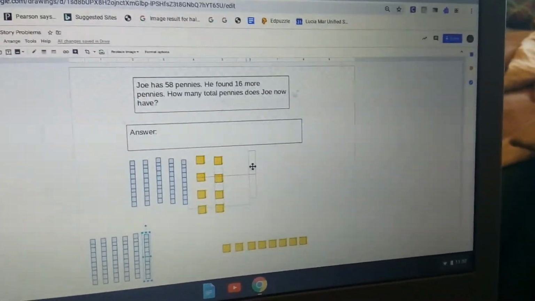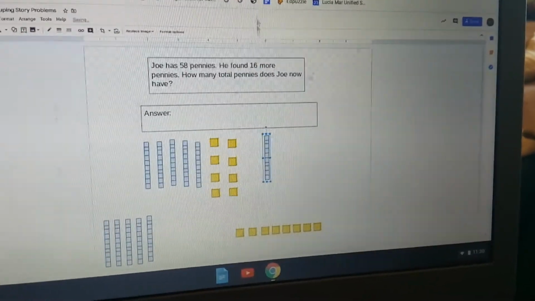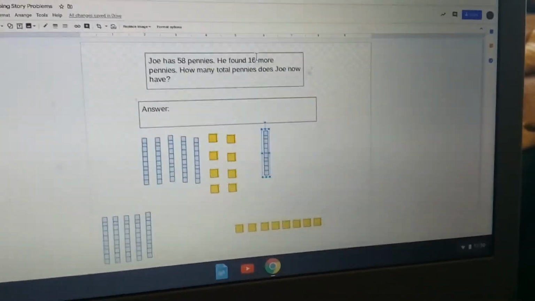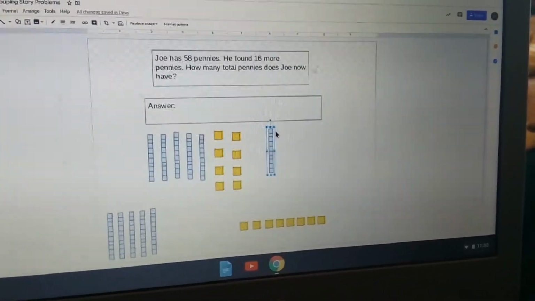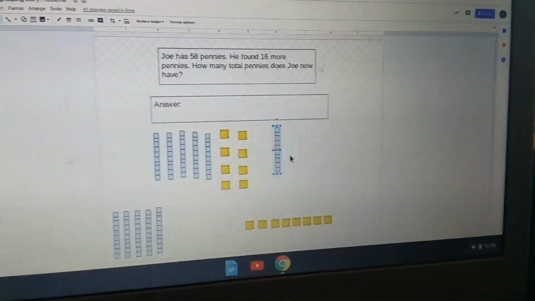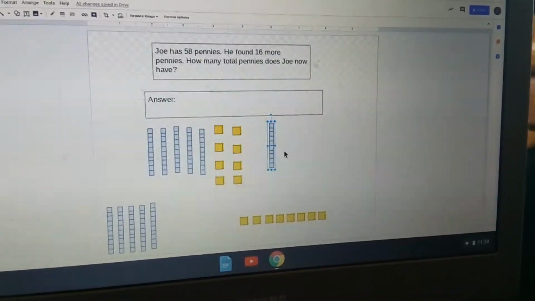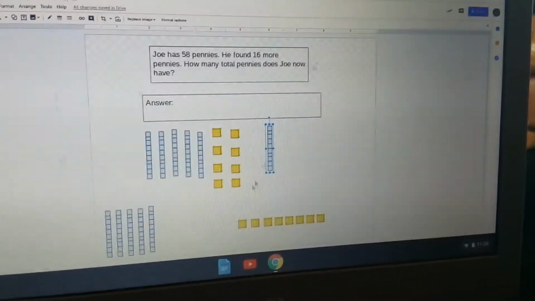10. But 10 is not 16, so looking at that number again, how many ones units do I need to pull up to complete the 10? 6.